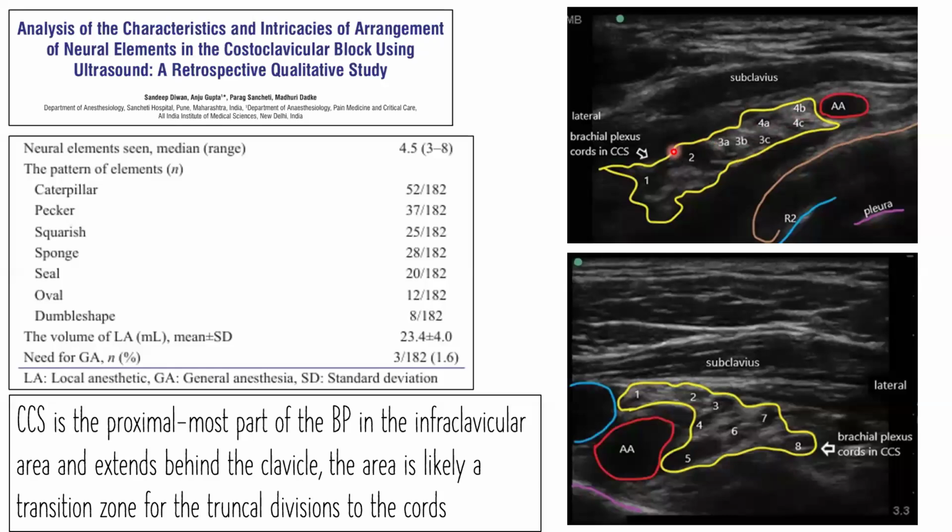So you need to look at the entire brachial plexus in the costoclavicular space. Here as well, this is the lateral cord, this is the middle cord, and this is the posterior cord. So beyond 6 now, if you're not looking at these neural elements and you don't inject local anesthetic here, perhaps you might get a failed block in the form of a cutaneous failure or maybe a myotome failure. So these things have to be looked for when you do a costoclavicular brachial plexus block.